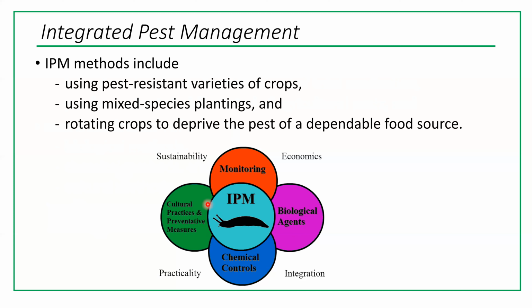And all this allows us to get a pretty good amount of crop, and at the same time, do not create more and more resistant pests, do not kill pollinators, do not kill other plants and animals that are very valuable to our environment.